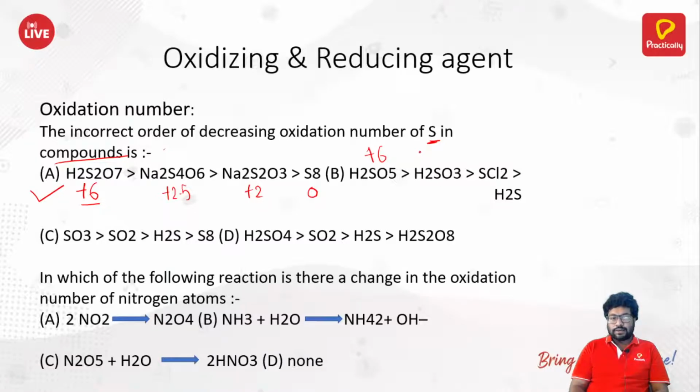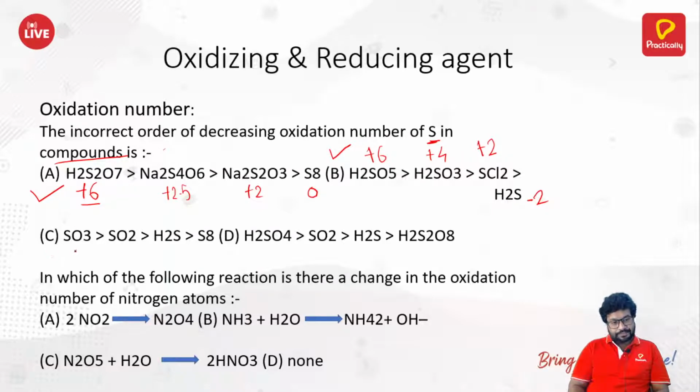So sulfur is in a +4. So +6 is larger than +4. That is right. Then you have H2S2O3, in which it is in a +2. And in H2S it is in a -2. So +6, +4, +2, -2. That means this order is also correct.